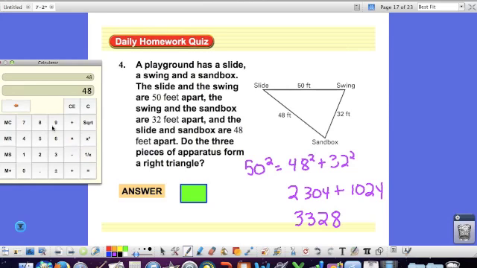I just want to double check my math. Okay. And 50 squared is 2,500. So the answer is no. The three pieces are not in the form of a right triangle.